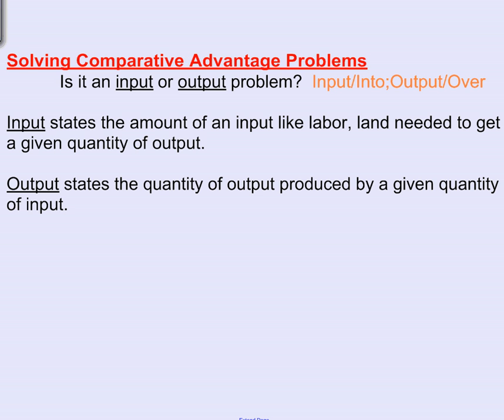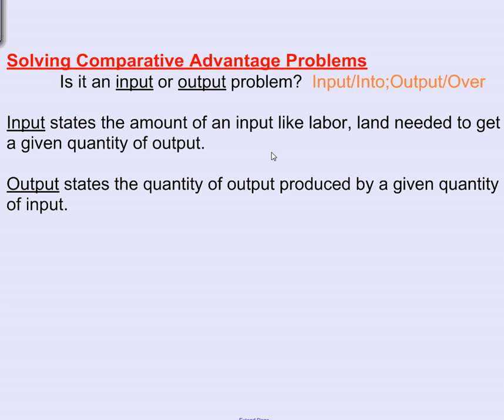And then depending on that, you're either going to follow the rule input into or output over to calculate the opportunity cost.